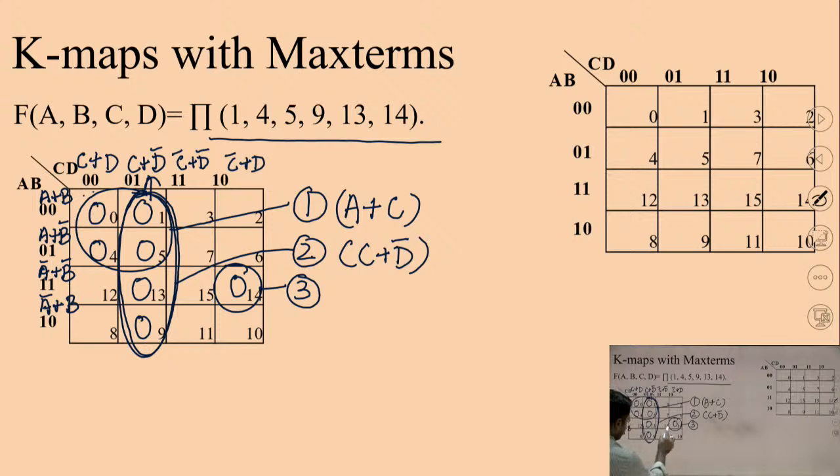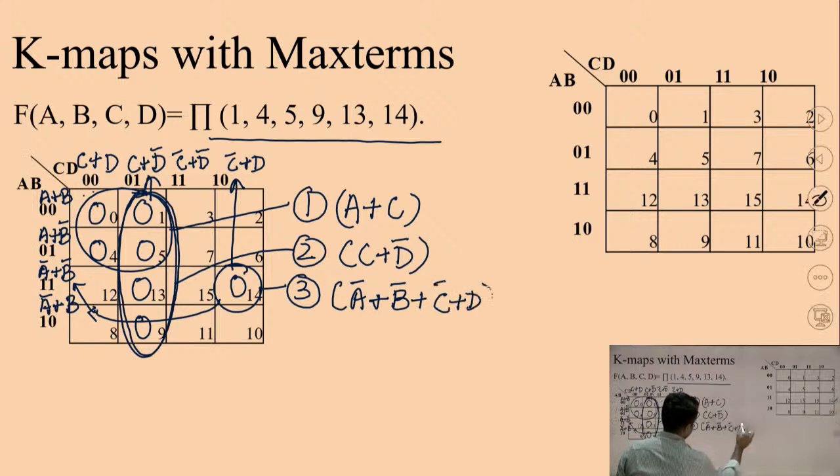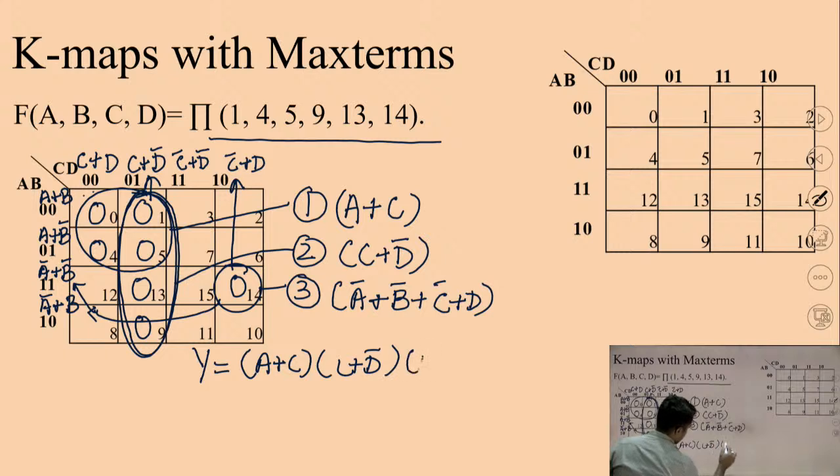So for this 0, the row side is giving third row A bar plus B bar, and from the column side, it is C bar plus D. Okay. So the final answer will be the product of these sums: A plus C, C plus D bar and A bar plus B bar plus C bar plus D.